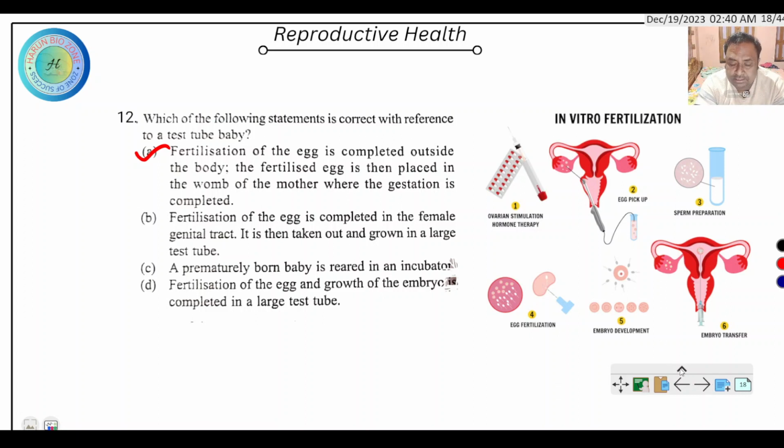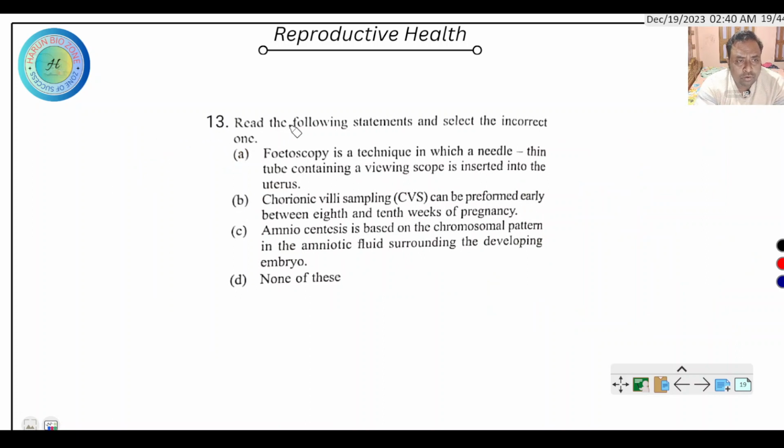Next question is, read the following statements and select the incorrect one. Hysteroscopy is a technique in which a needle thin tube containing a viewing scope is inserted into the uterus.